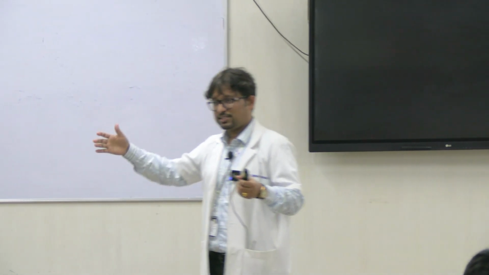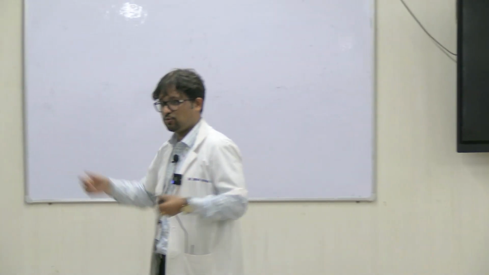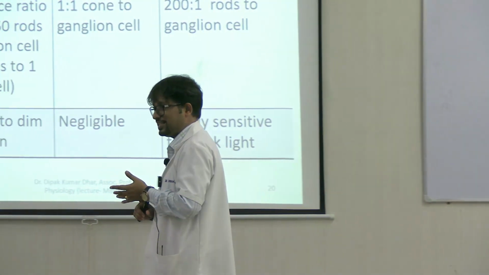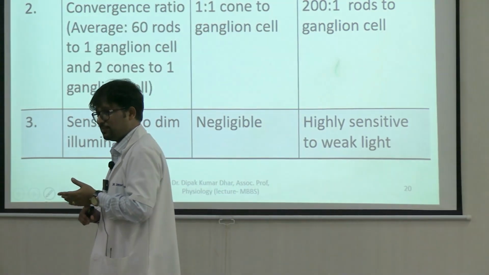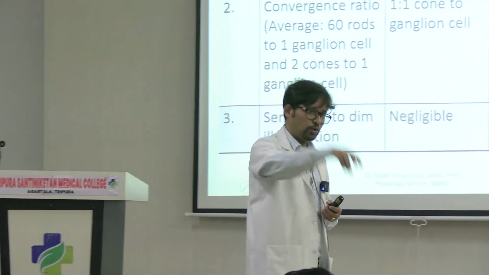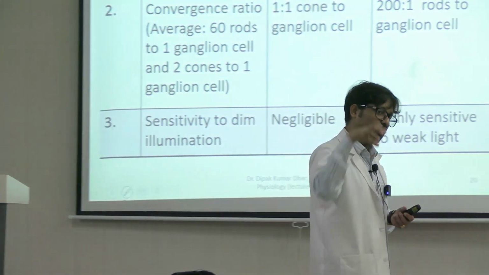Number of photoreceptors are in millions, many times more. Rods, एक ही retina में if you see 120 million rods and 6 million cones. Receptor का number हो गया around 126 million. Bipolar cells उससे थोड़ा कम हैं. Ganglion cells और कम हैं, right?